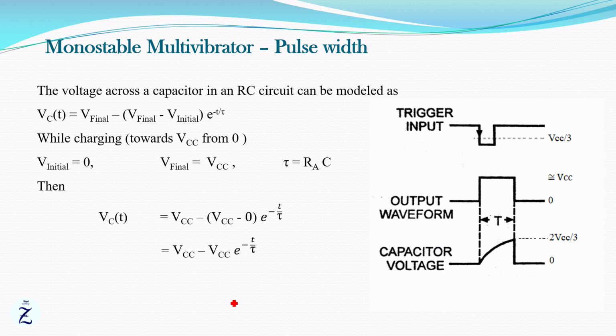Here VCC is common, hence the equation becomes Vc of t is equal to VCC into (1 minus e raised to minus t by tau).